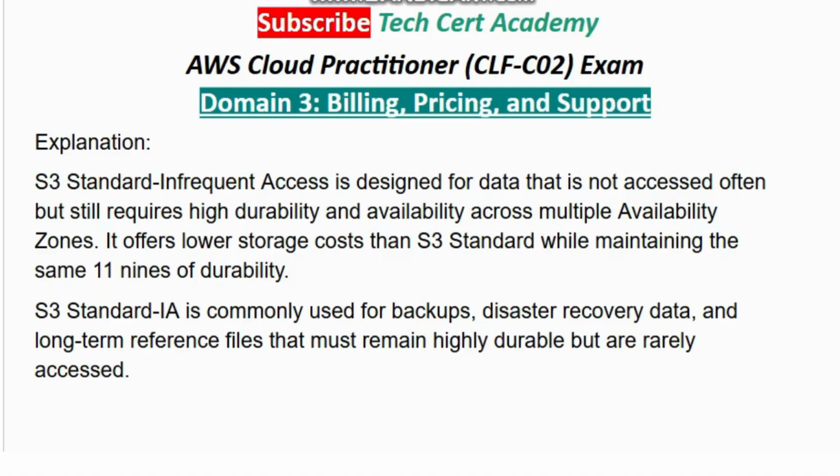S3 Glacier Deep Archive is cheaper but designed for archival storage with slow retrieval times. EBS Cold HDD is block storage and not ideal for long-term object storage. Standard IA balances cost and durability for data that is infrequently accessed but still mission-critical, such as backups or historical records, making it suitable for multi-AZ redundancy strategies.